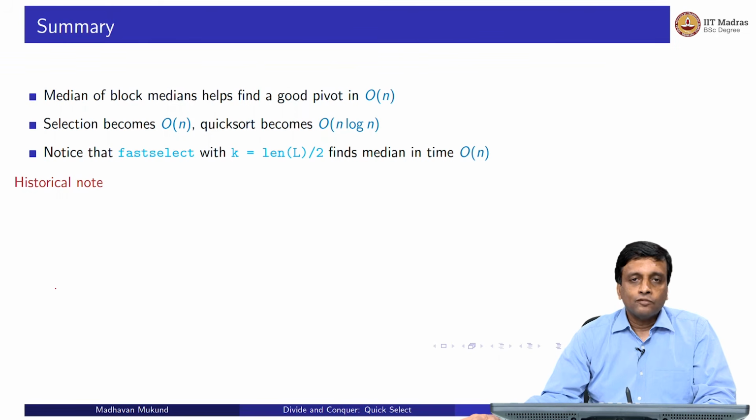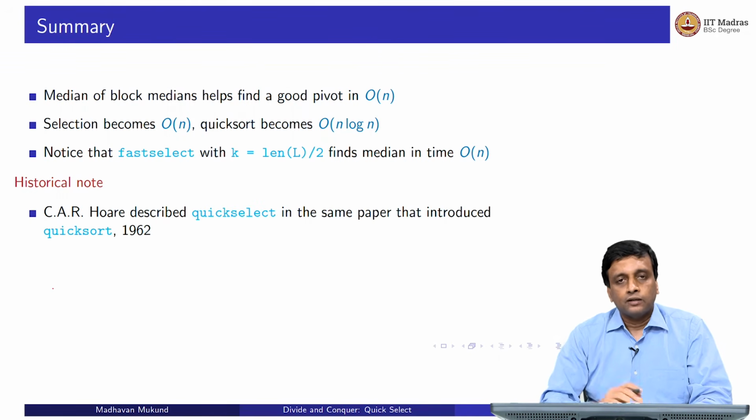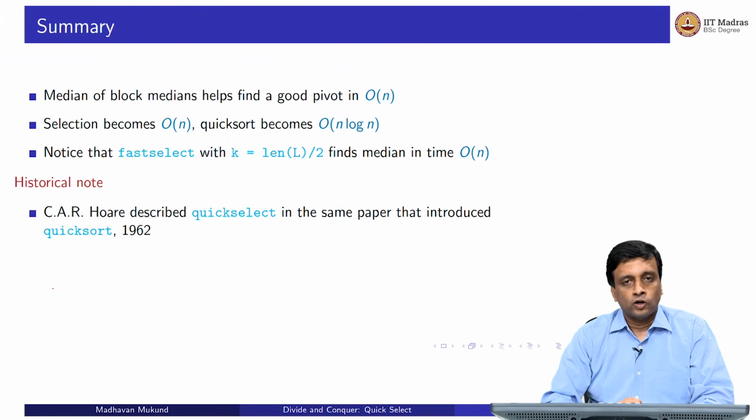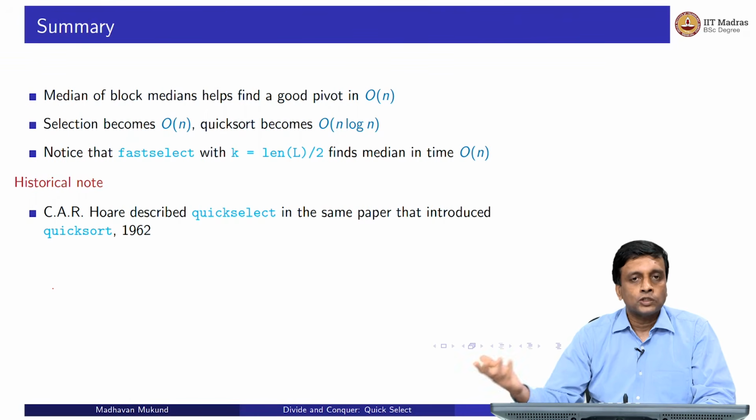Historically, of course, quicksort is very closely related to quick select, and in fact Tony Hoare, who invented quicksort, also described quick select in the same paper. So in 1962, the paper that talks about quicksort also talks about how you can use it for selection.